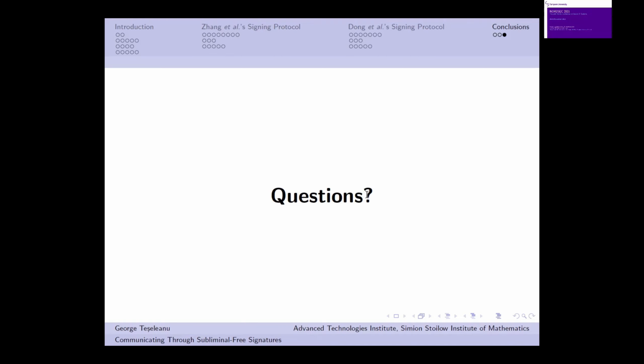So subliminal channels are always dependent on your implementation, and in some cases are dependent on your specifications. So if you use, for example, the Schnorr zero knowledge protocol, I can modify it in such a way that after 2 runs of the protocol, I can extract your secret key. But in order to do that, I need to be sure that the protocol is implemented in a black box device. So it actually always depends on your actual scenario.